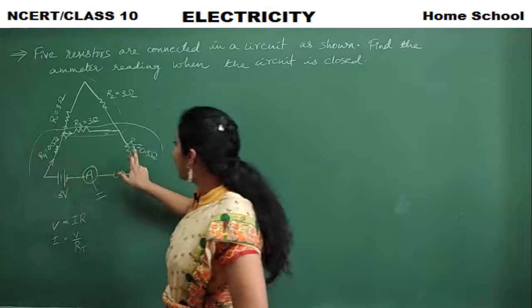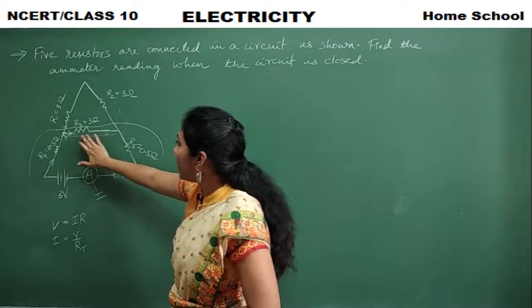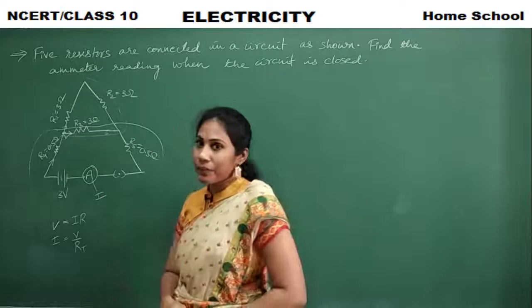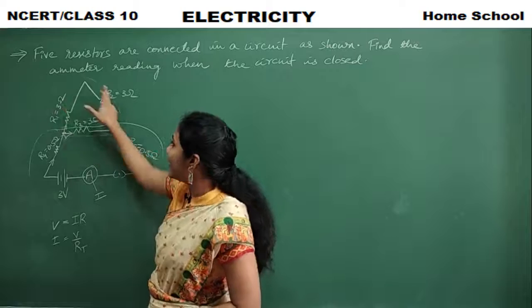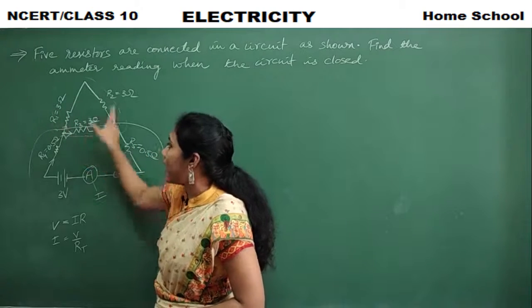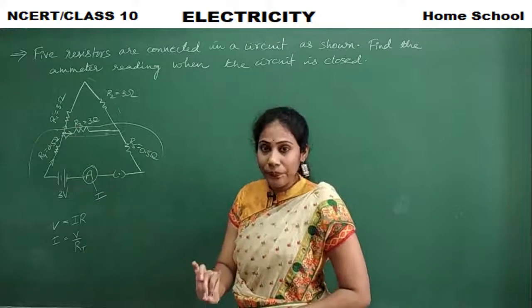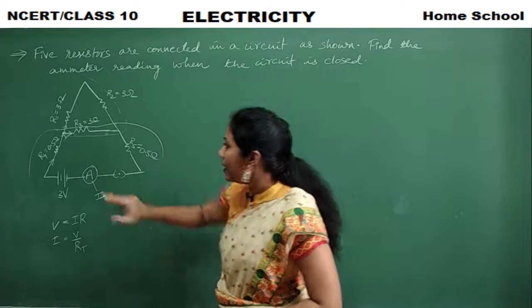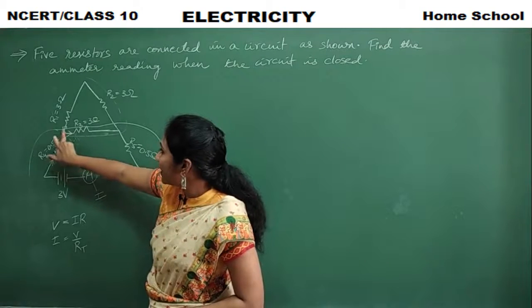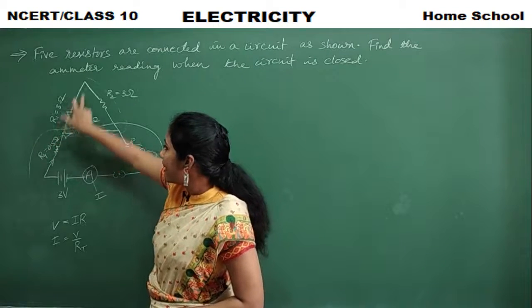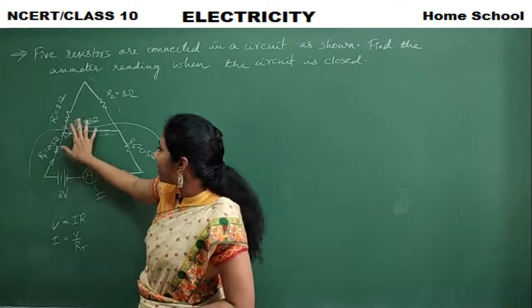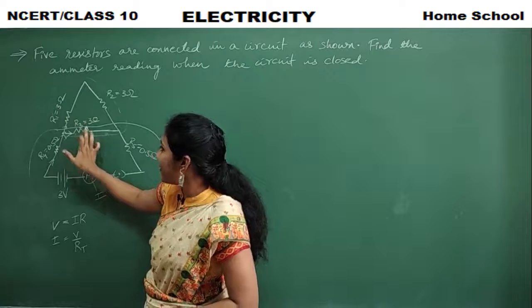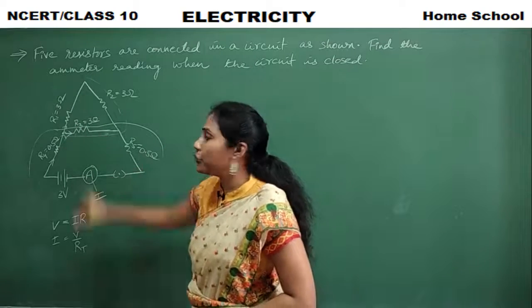Here R4 and R5 are in series with this triangle part. So first you have to finish off calculating the resistance of this triangle part. Understood the basic concept here? See, at this point, your current is flowing, one path is this, another path is this. So definitely this and this are parallel to each other.